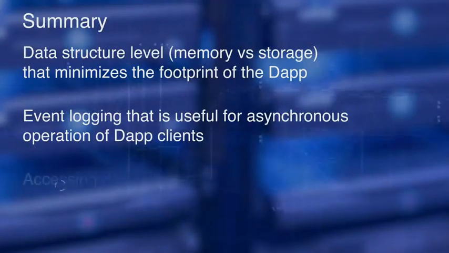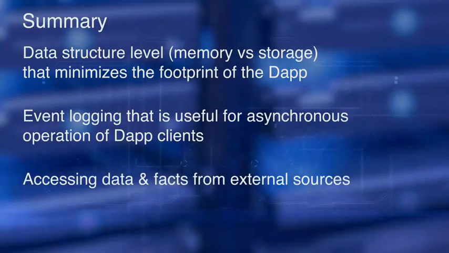The third one is about accessing data and facts from external sources, which is essential for many practical DApps. These are just a few of the many best practices exclusive to smart contracts and DApps that will improve your basic DApp design.